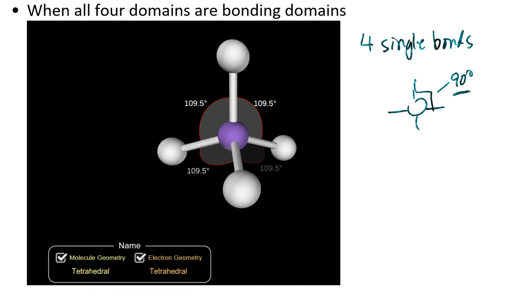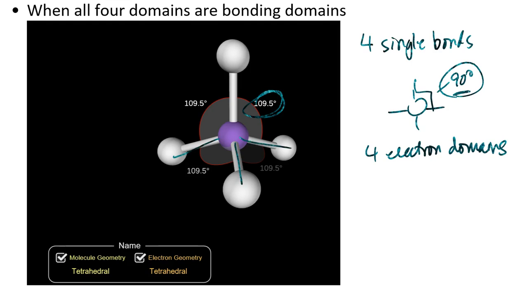But I can actually do better in terms of this angle of separation if the molecule actually exists in 3 dimensions and not just 2. Because in 3 dimensions, basically I can get a bond angle that's 109.5 degrees instead. And so when I have that type of arrangement where I have 4 single bonds, and again 4 electron domains, then basically I have this shape that's now more 3-dimensional.